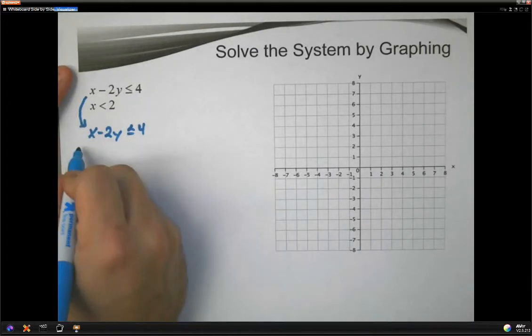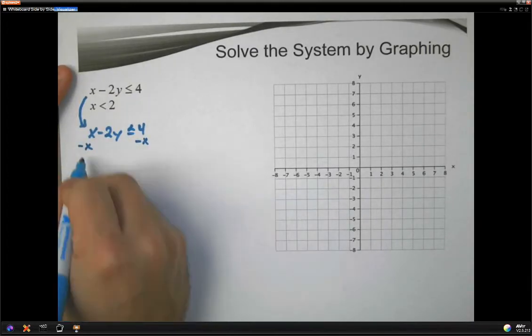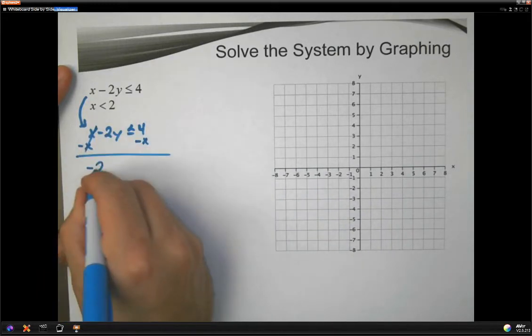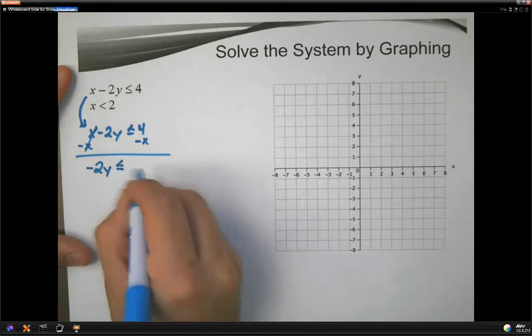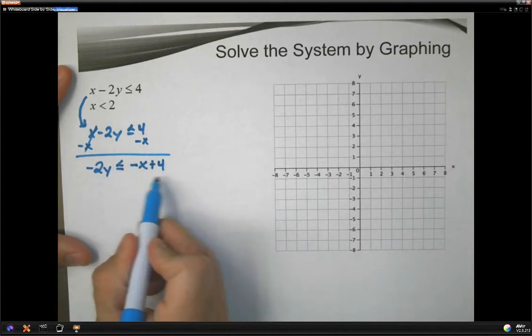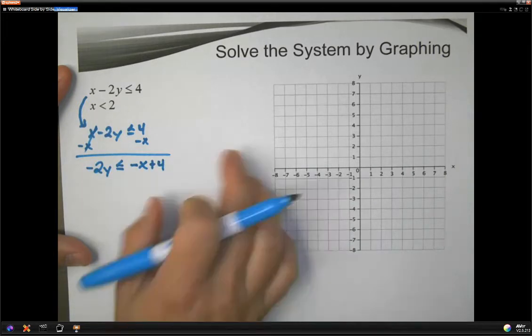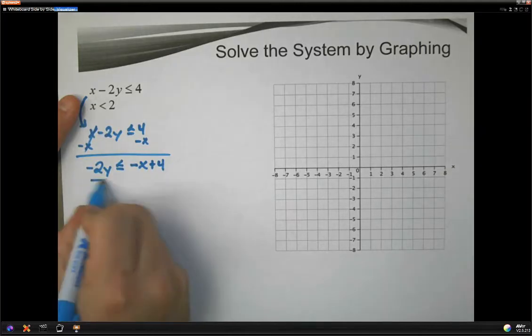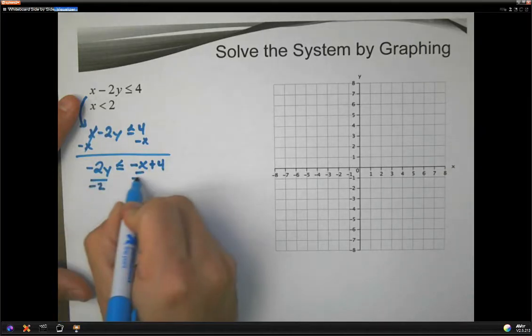So we'll go ahead and start rearranging using our inverse operations. We subtract x to the other side. I get negative 2y is less than or equal to negative x plus 4. Again, trying to build slope-intercept form, I need to get rid of this negative 2 with the y, so we're going to divide by negative 2.